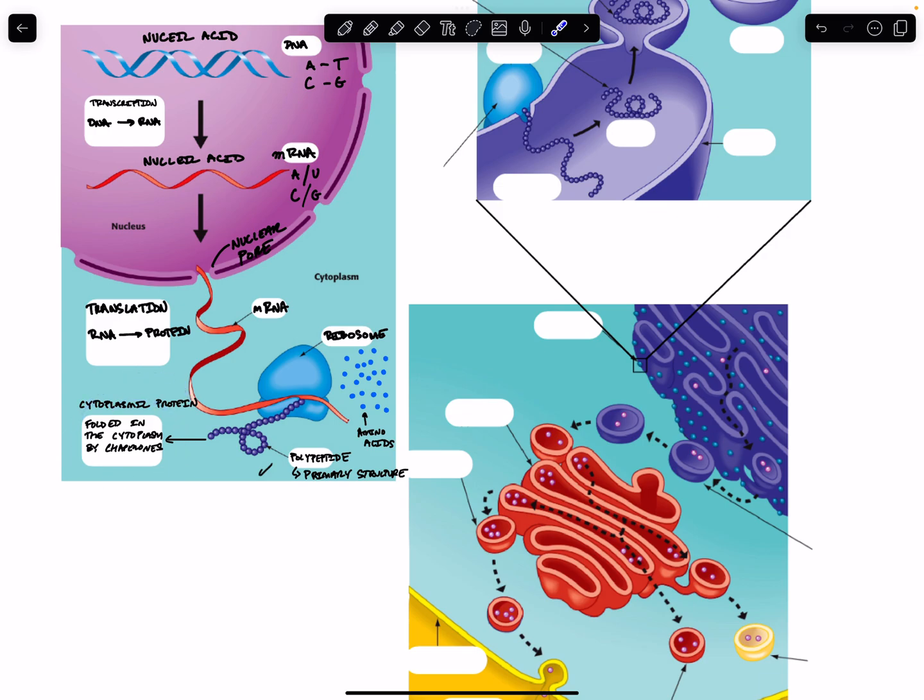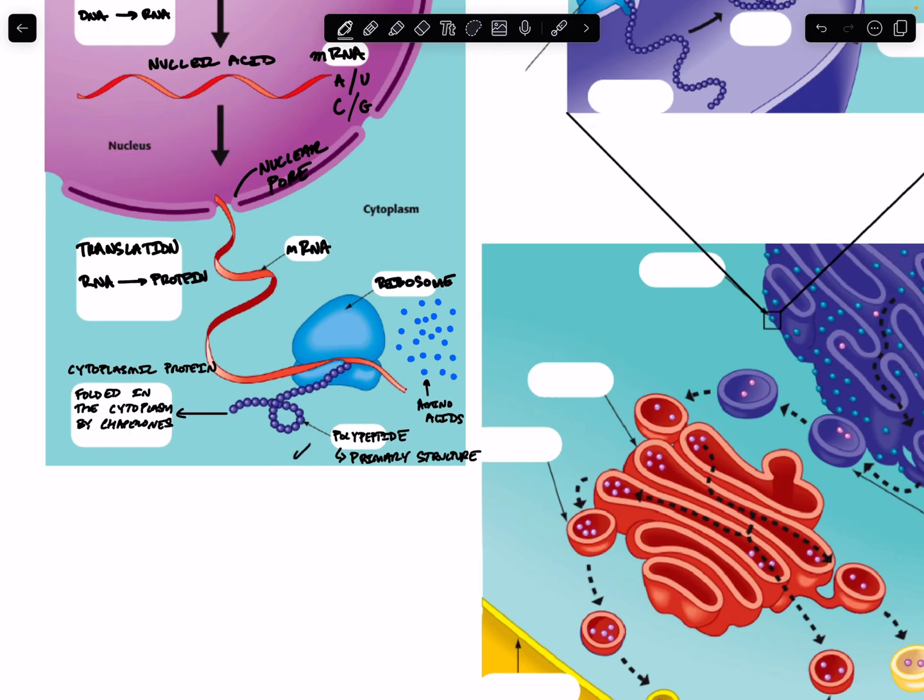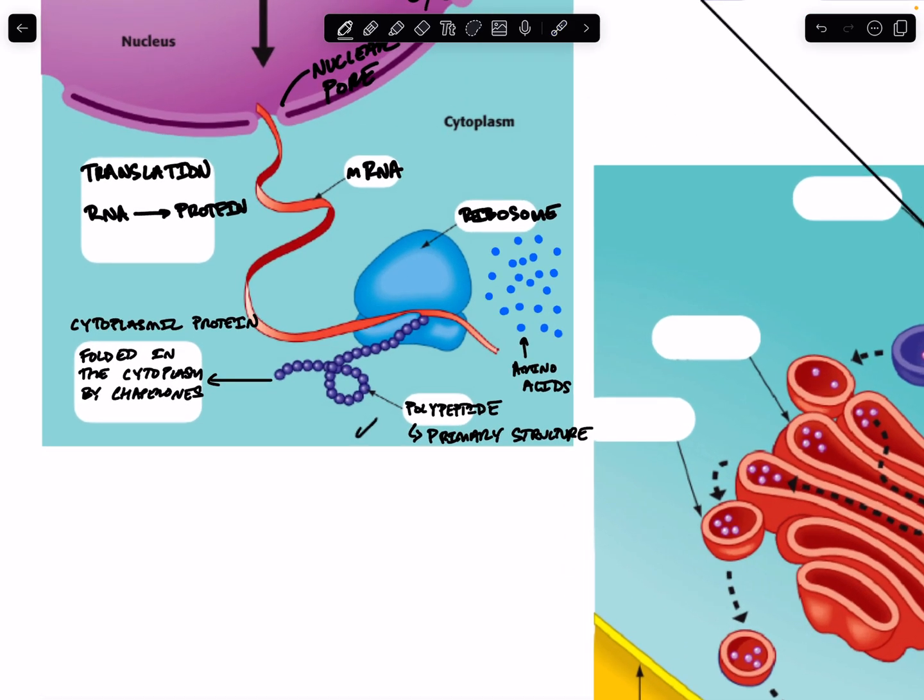It's going to end up in the cytoplasm, in which case it's just folded right here by proteins that are already present in the cytoplasm. But if this protein is actually destined to be either inside another organelle or secreted outside of the cell through exocytosis, it needs to become part of the endomembrane system.